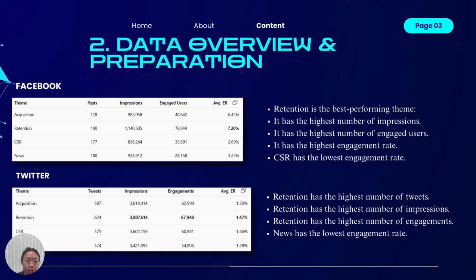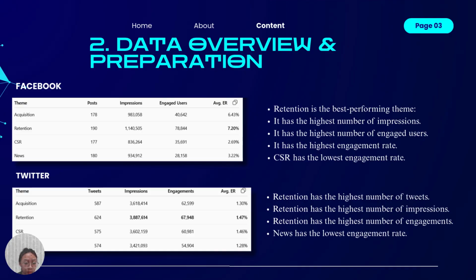Next, let's move on to slide 3, data overview and preparation. This slide provides a deeper dive into the performance metrics for both Facebook and Twitter, broken down by content theme: acquisitions, retention, CSR, and news.